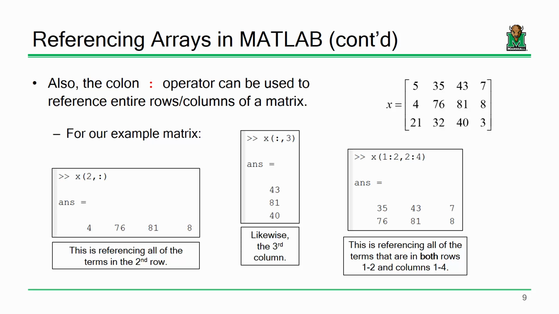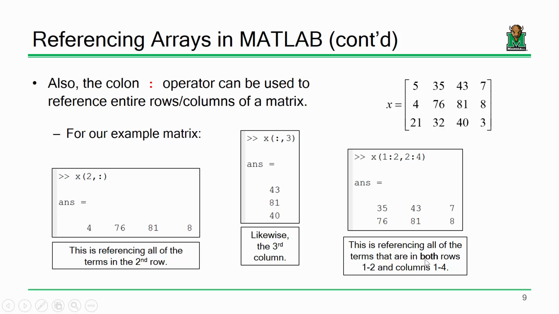And so what it's not showing is it's not showing 5, 4, 21 because that is in the first column, and this is saying only show columns 2 through 4. And it's also not showing 32, 40, and 3 because that is in the 3rd row, and we're telling it only call on rows 1 and 2.